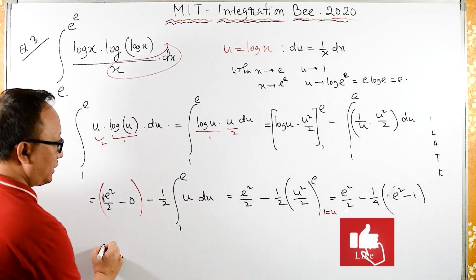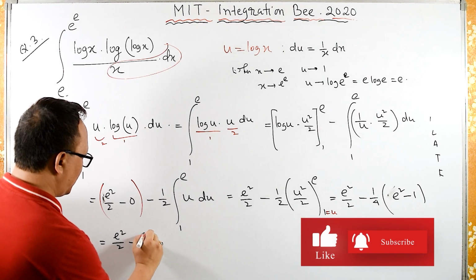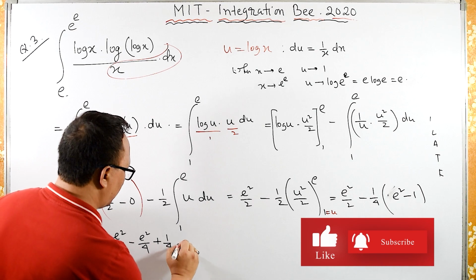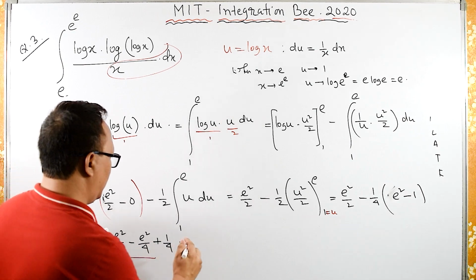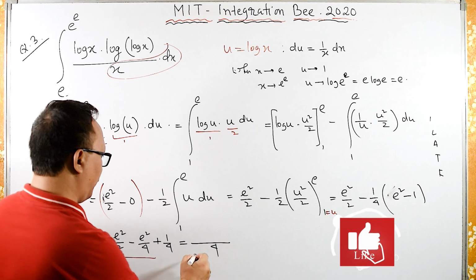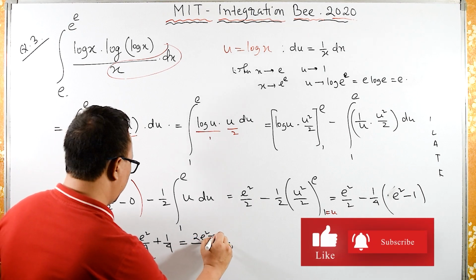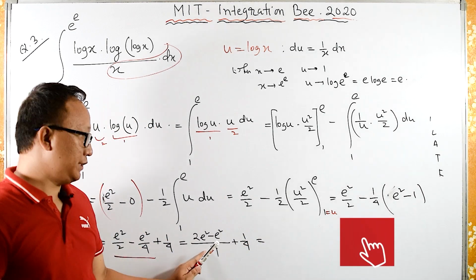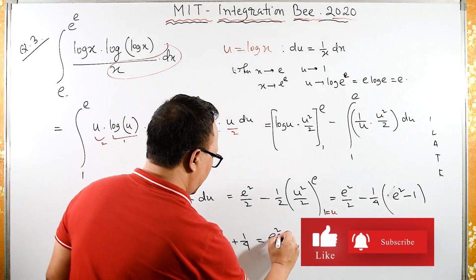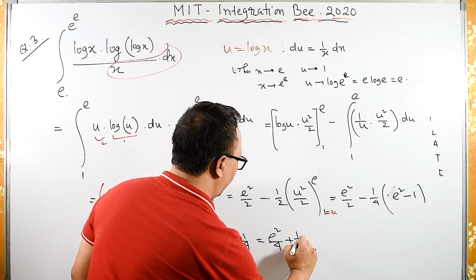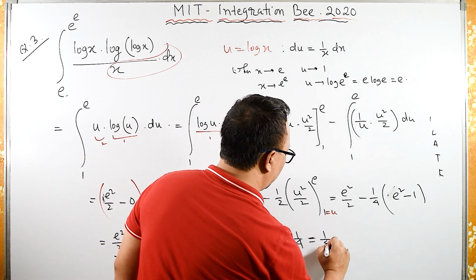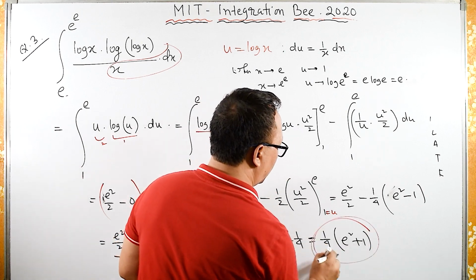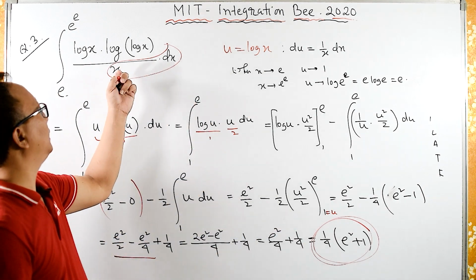So it equals e square upon 2 minus e square upon 4 plus 1 by 4. If I subtract these two, take the LCM, the LCM is 4: 2e square minus e square plus 1 by 4, twice e square minus e square is e square, so we have e square upon 4 plus 1 by 4. If I take 1 by 4 common, then it is e square plus 1 over 4. So this is the required answer.